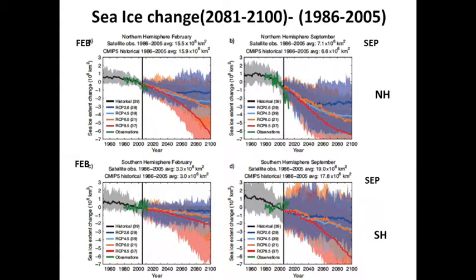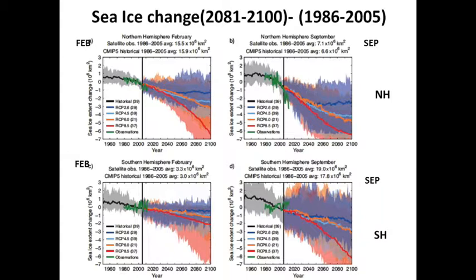And the sea ice, what are the changes in the sea ice? It's obvious that if you have higher temperature, there will be less ice in the sea because the ice will melt, and the models can show this.